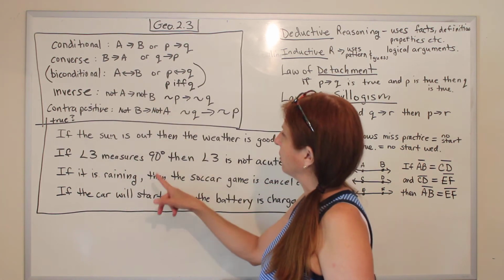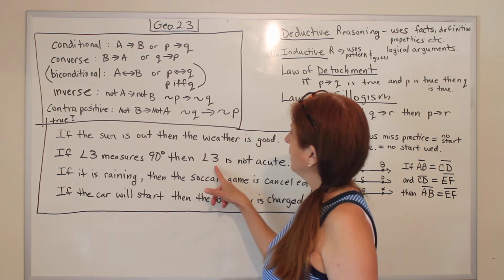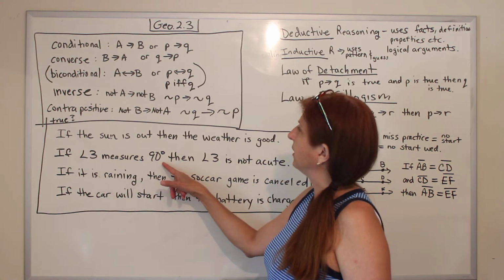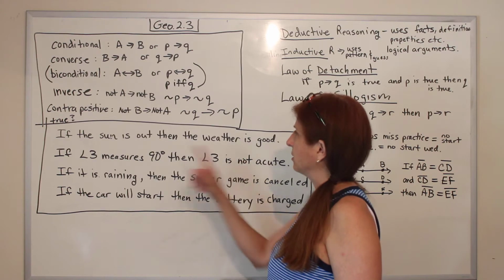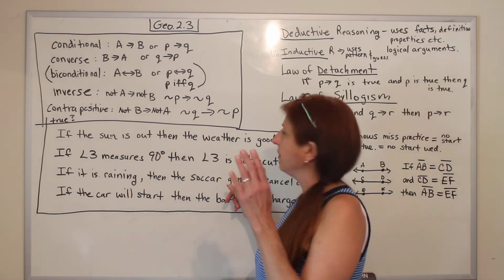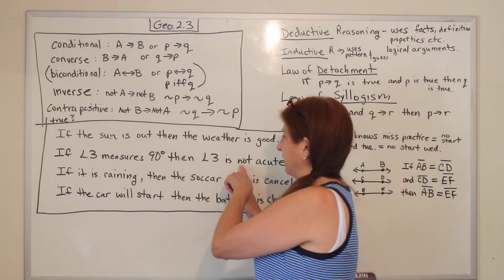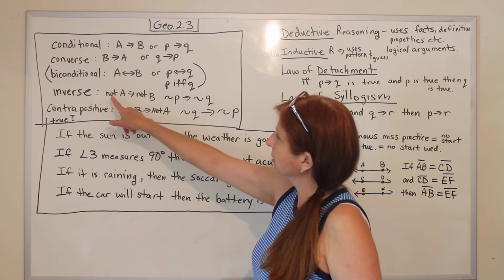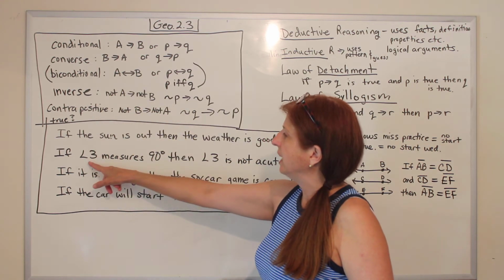Okay, let's do the inverse. We're going with not. If angle 3 does not measure 90 degrees, then angle 3 is acute, because we have to switch the positive or negative. And this is negative, so we switch it to positive. Let me do that one more time. So we're doing inverse.